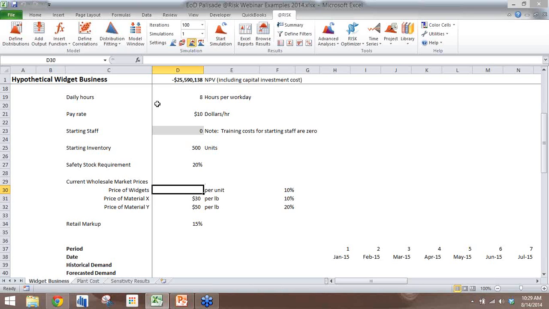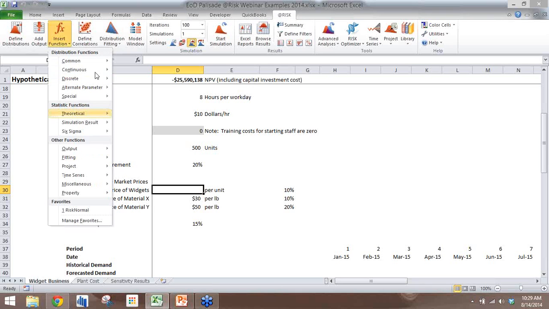I'm going to do this a different way. One of the interesting things about @RISK, and it's kind of interesting that we're dealing with this live, is that there are a lot of really nice ways they built the user interface. So instead of going through the Define Distributions dialog, I'm going to directly insert a function.